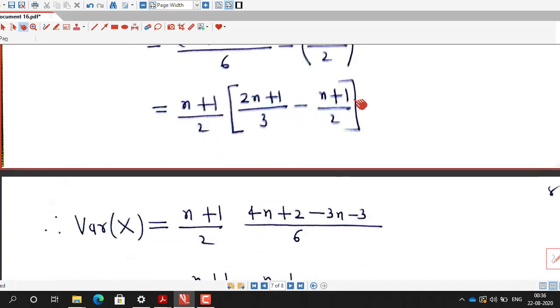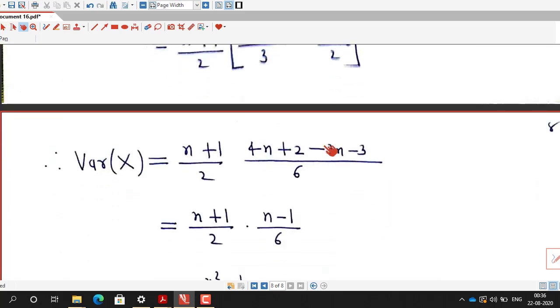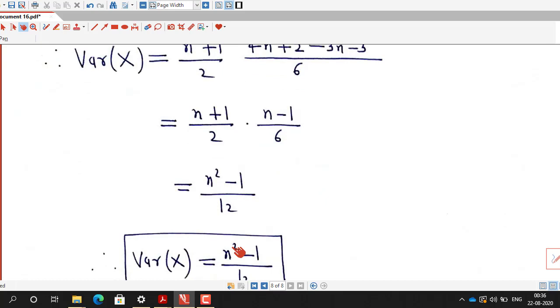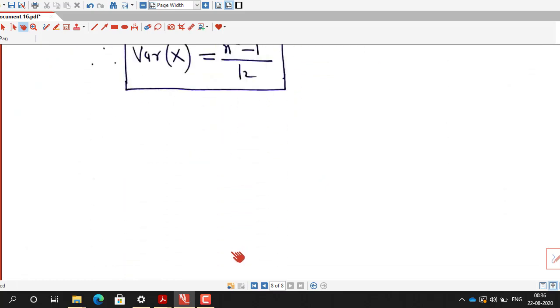And if we take the LCM here, suppose 6 is the LCM, then we will obtain 4n plus 2 minus 3n minus 3. 4n minus 3n is n, 2 minus 3 is 1. So this is going to be n plus 1 into n minus 1, that is n square minus 1 divided by 12. So this is the variance of x.